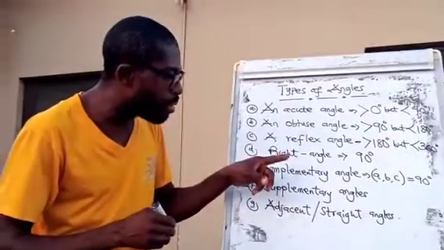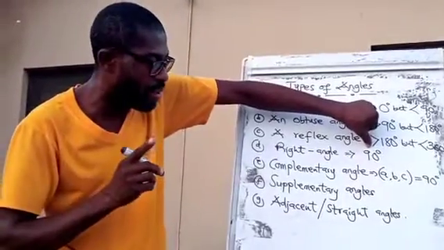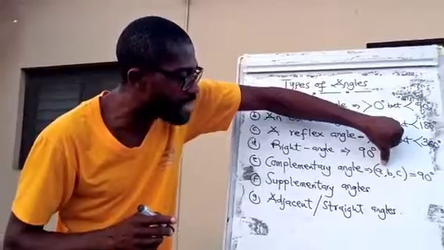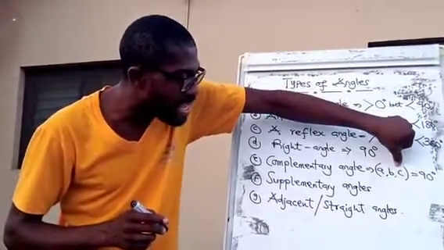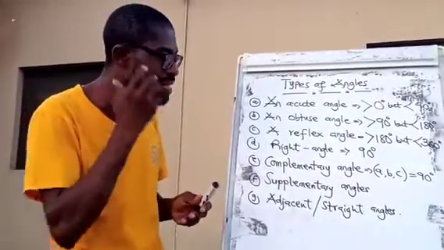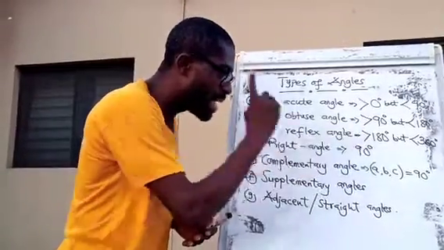With a right angle, it is only a single angle giving us 90 degrees. But complementary angles are several. As we can see, angle A, angle B, angle C, adding up to give us 90 degrees. And this is what? Right angles, which add up to 90 degrees.